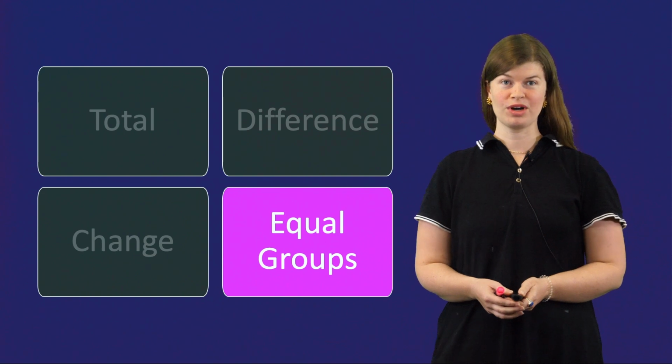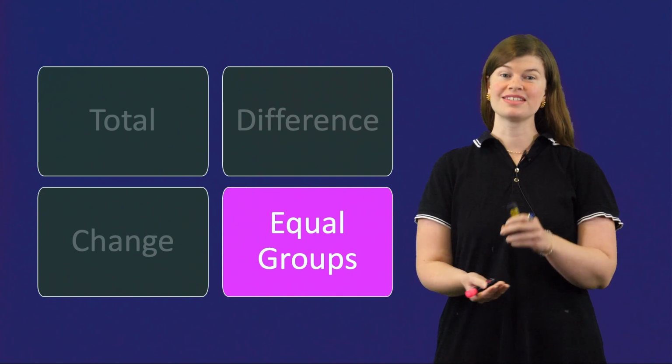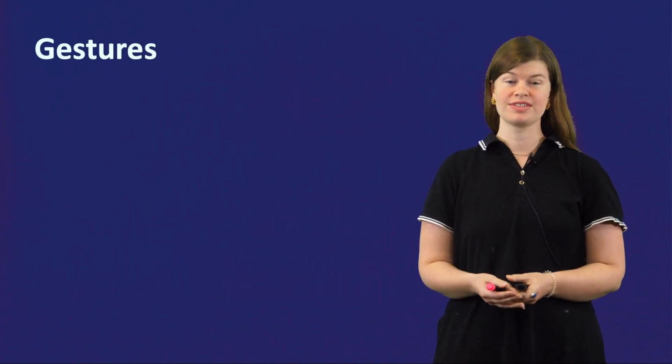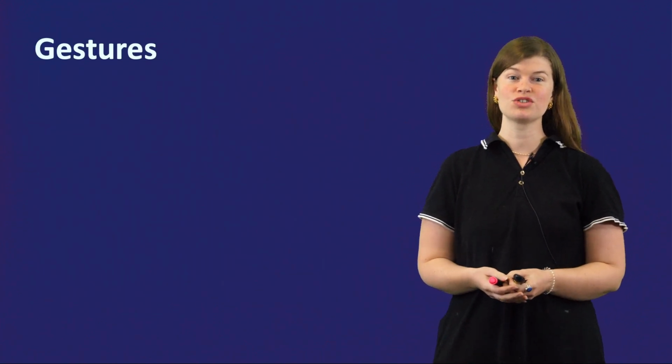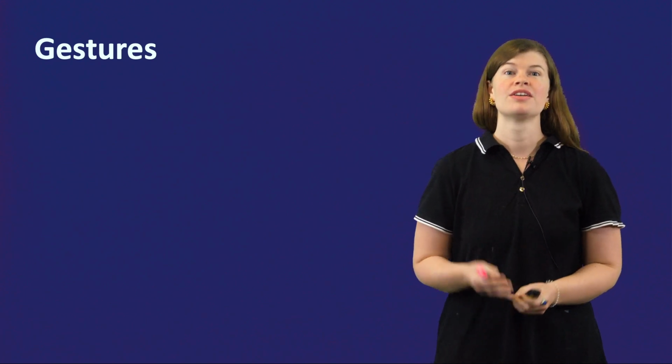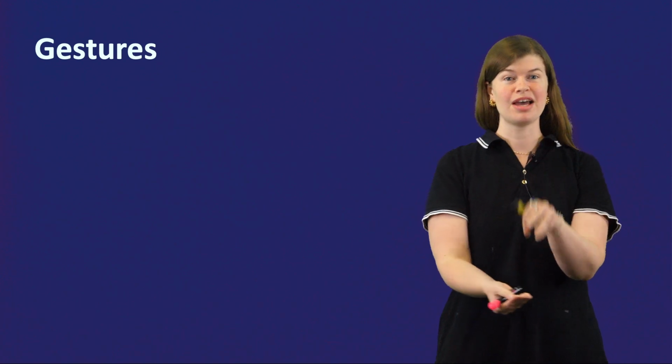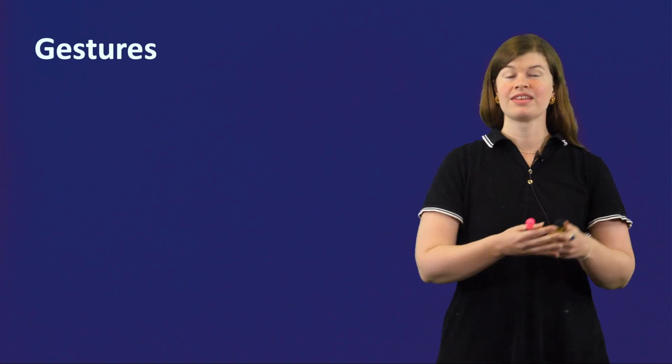In equal groups problems, we have groups with the same number in each group. Reviewing the gestures helps cement the schema instruction into students' brains. We have groups with the same number in each group.